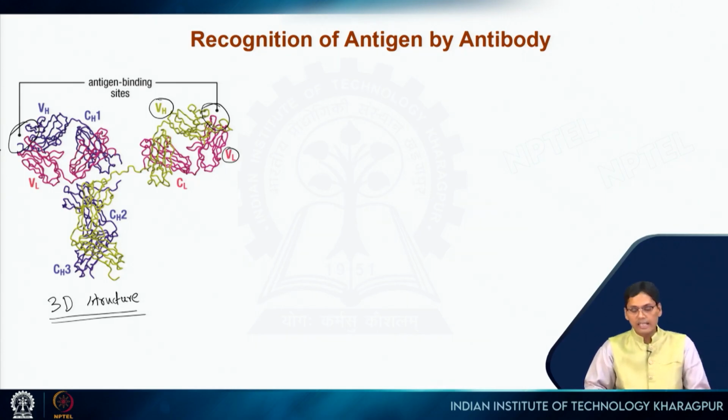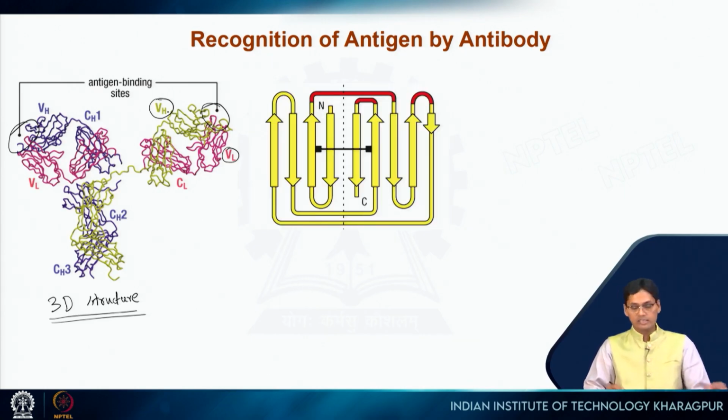If I show the topology diagram of either this VH or VL, then you will be able to understand, right? Because VH and VL together capture the antigen. This is the topology diagram I presented earlier, but here I made it in the same color.